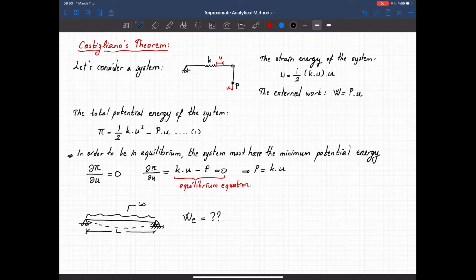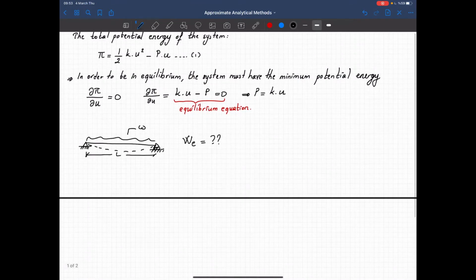If you have a point load, you determine the displacement under the point load and then write down your external work. But if you have a more complicated loading, more complicated deformations in a system, then using this method becomes very difficult. So that's why we have the virtual displacement method.